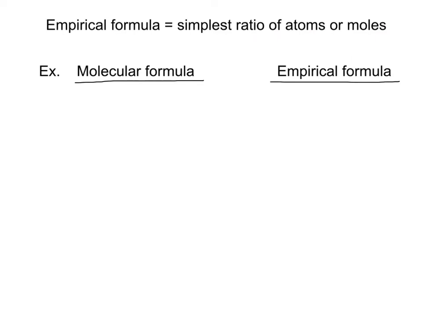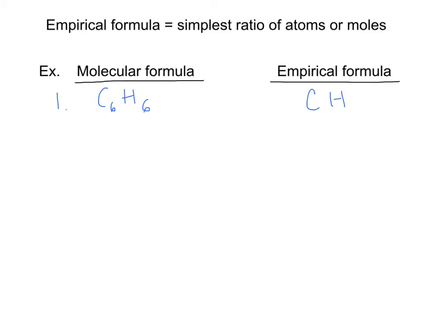So for example, if I have the molecular formula C6H6, okay, this will be example 1, C6H6. What is our empirical formula? If we have 6 C's and 6 H's, what's the simplest ratio? Hopefully you can figure that out. That's 1 C and 1 H, okay, which we just write CH, right?